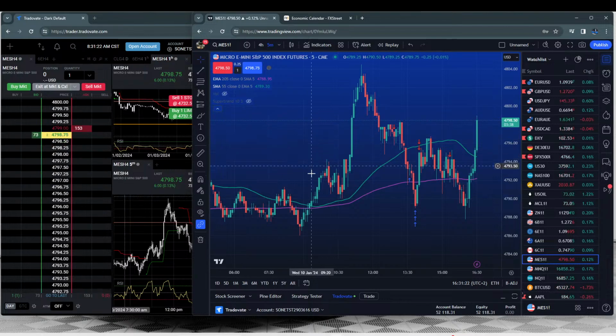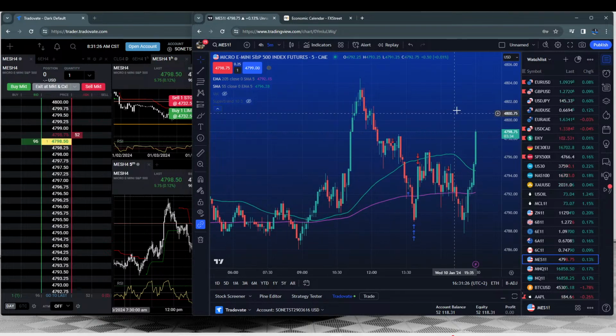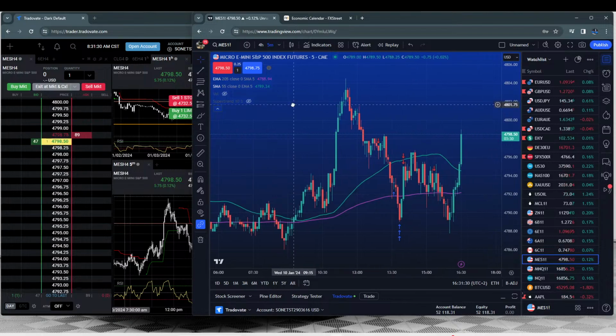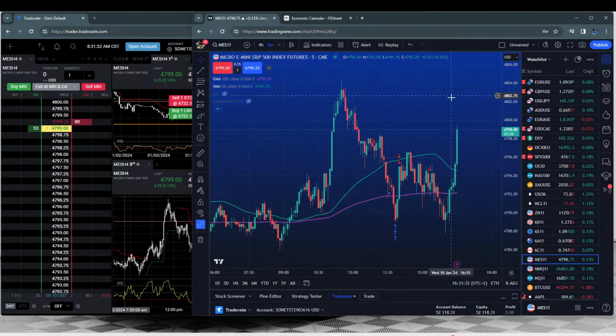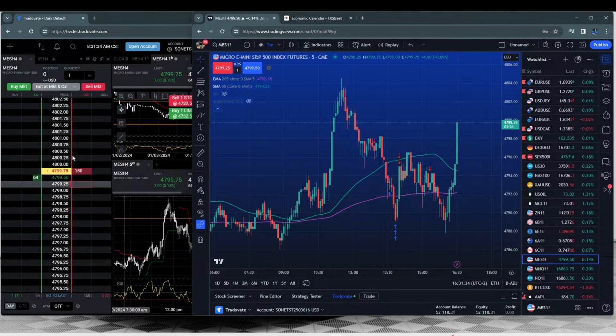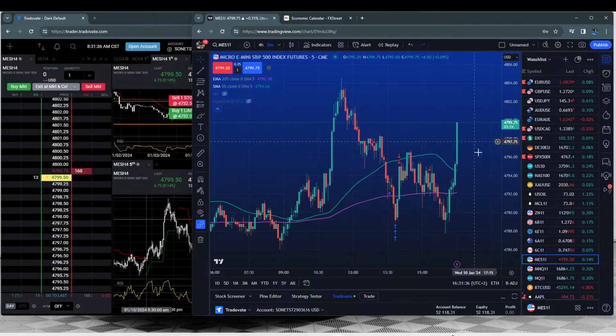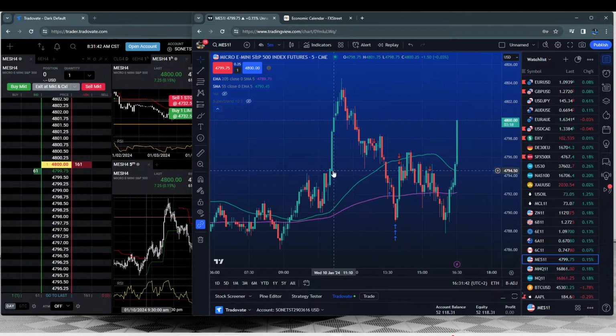Okay, now I will wait to see how price action will behave in this area. I'm looking for a failed attempt higher, and I will go short. I'm playing that we are not going to see new high, but you see the momentum, how it's building up.